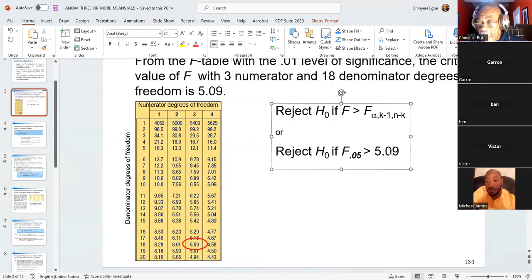Have we got the 5.09? Yes. The table you will see for the F distribution will have specific levels of significance, because the calculation of the F table is a little bit involved.